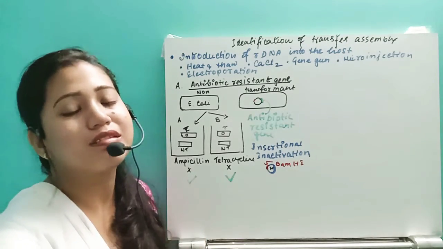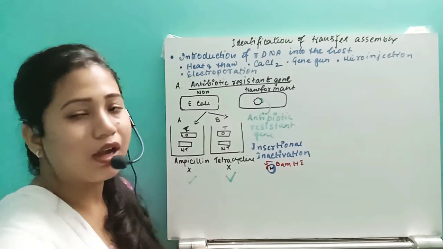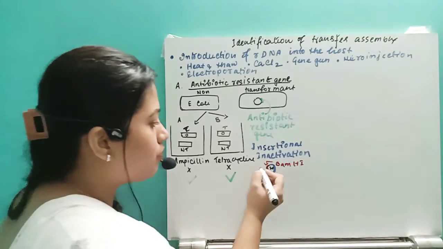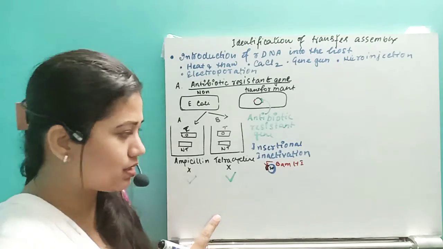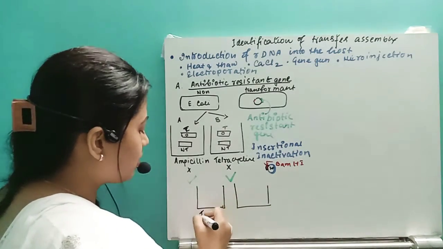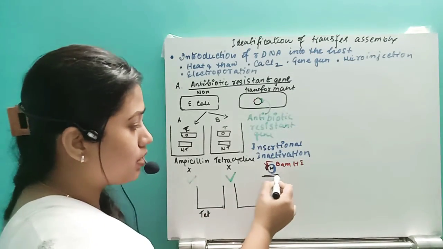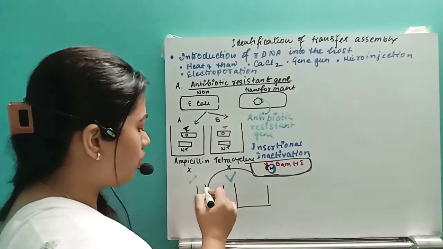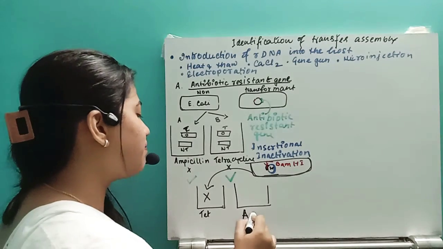Then the tetracycline resistance gene that is present as a selectable marker is not going to survive. So even if we allowed our gene fragment to attach to the BamHI site, we are not able to make it survive in the tetracycline medium. Inside the host body, suppose this is the E. coli, that is not going to survive in the tetracycline medium. This is going to survive only in the ampicillin medium.